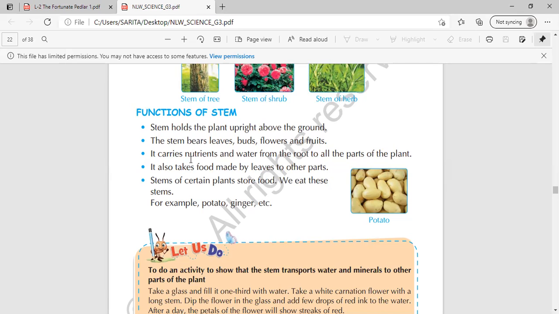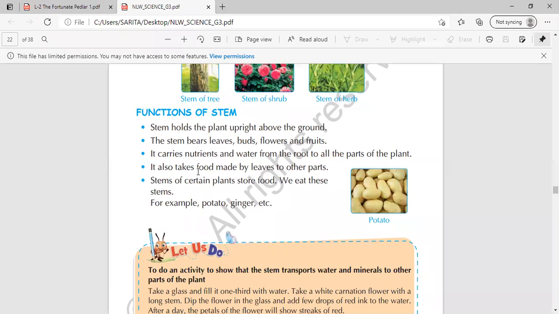It carries nutrients and water from the root to all the parts of the plant. I told you right now that the stem takes all the nutrients and water from the root and sends them to all the parts of the plant.